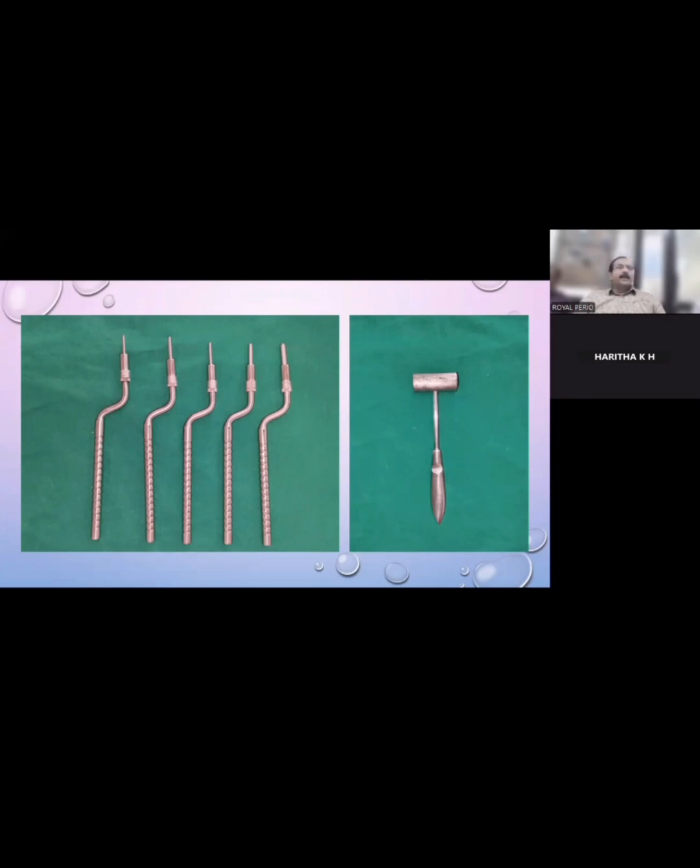With the pilot drill, again an X-ray to confirm the height, then go up till 3 into 6.5, then osteotome with sinus lifting, 3.2 into 8 millimeters, then implant. Okay, let's see how it works out.